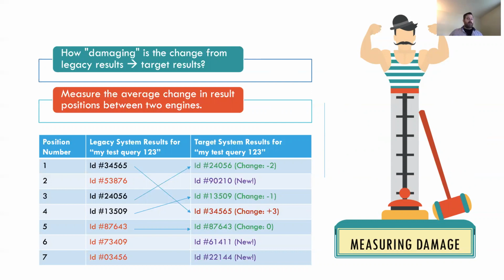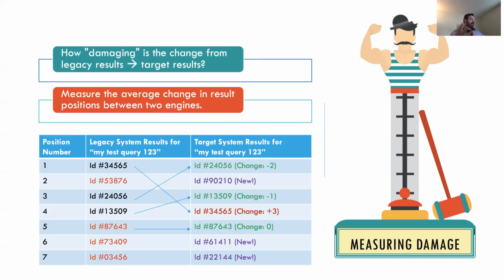In the new system, you run the same query and see the new results, and you ask, what's different? How did things change? So you look at this and you see the damage. You can calculate damage based on this. You're going to get new documents that you didn't see on the first page before, and you have documents that you used to see but don't see anymore.